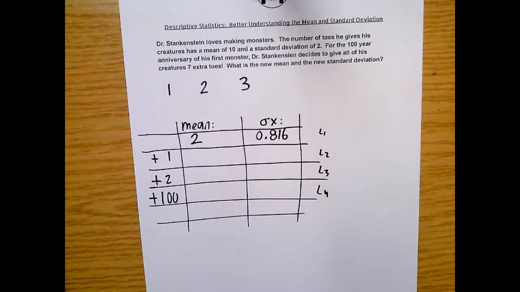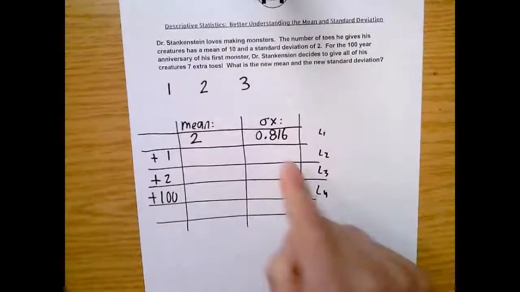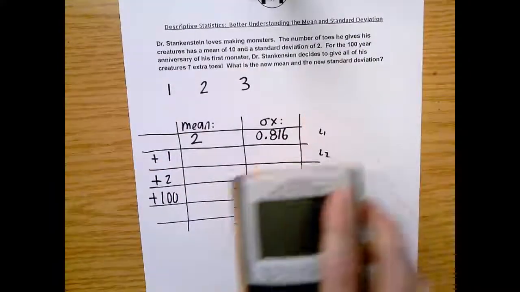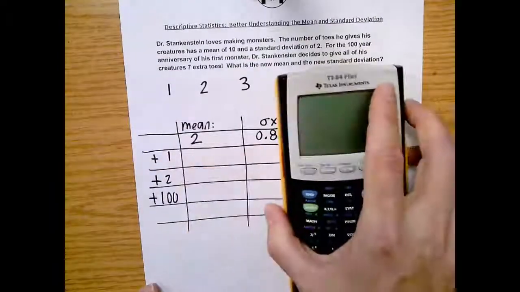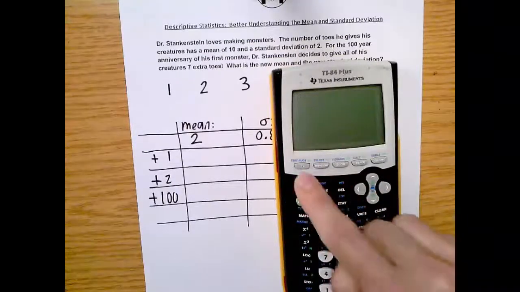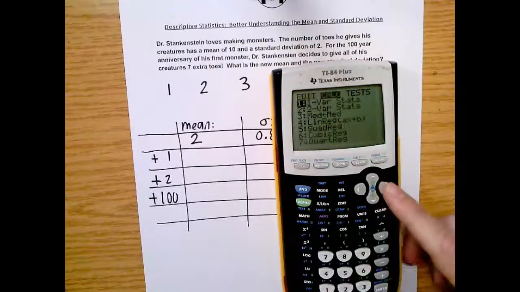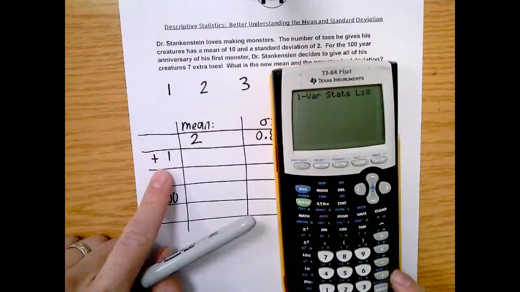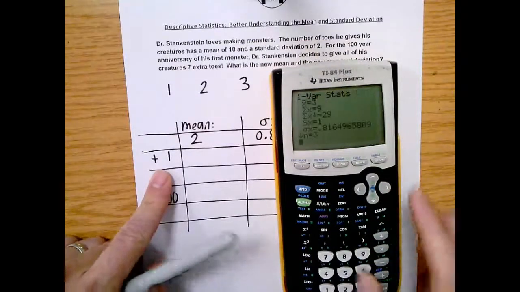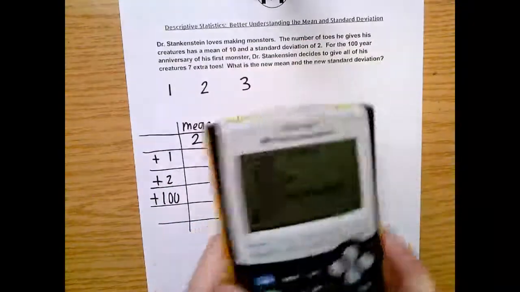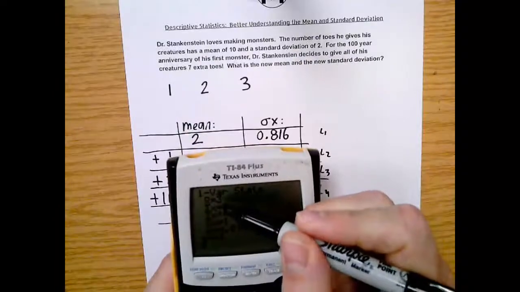So what we're going to do here is see what happens to our mean and our standard deviation. So all I got to do here is go to stat. I'm going to calculate one variable statistics, but now I'm going to do L2. That's going to be this one right here like we talked about. And we see that the median, I'm sorry, the mean, can you see that?